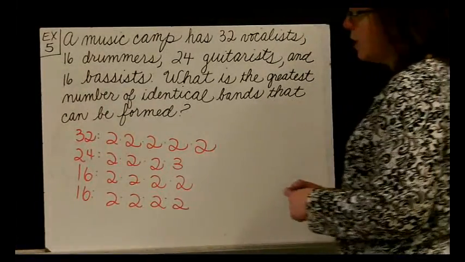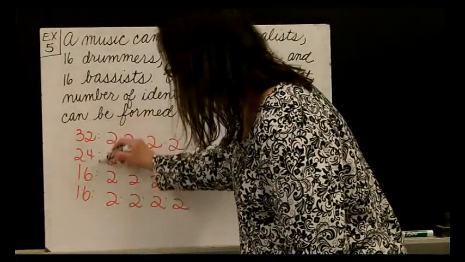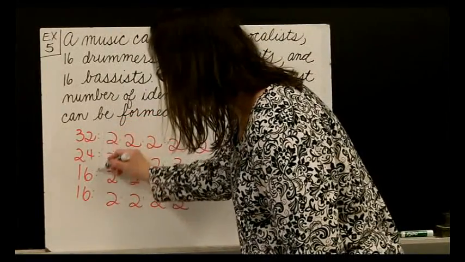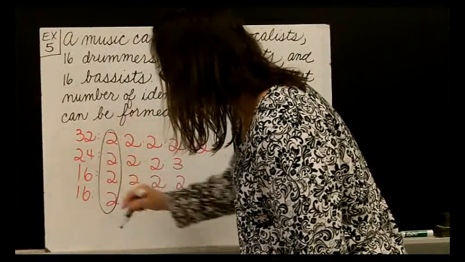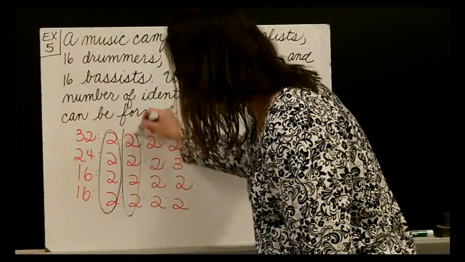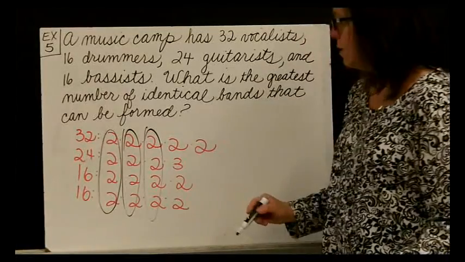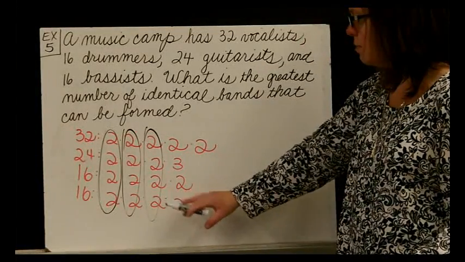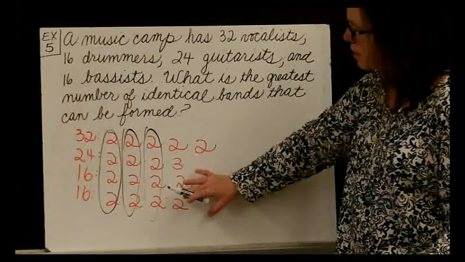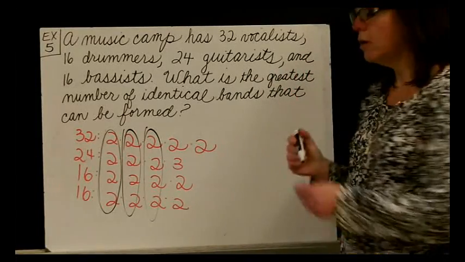Now we circle what's in common. One, 2, 3. They all have 3 2's in common, and there's nothing else in common among all 4 numbers.